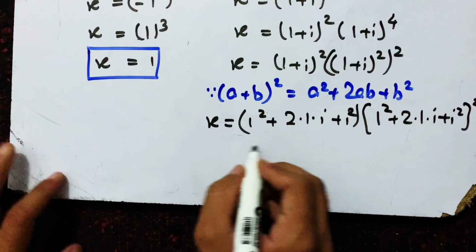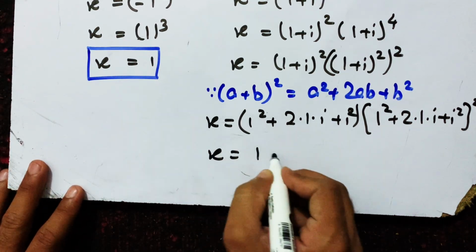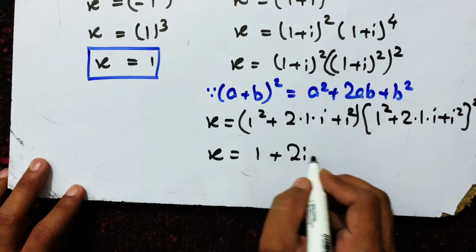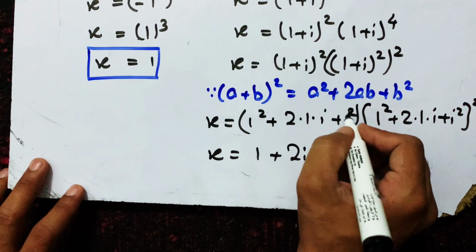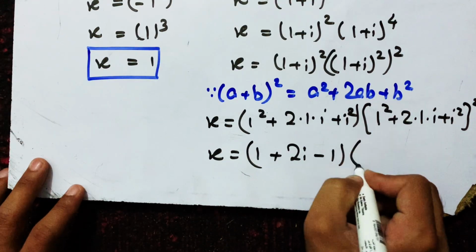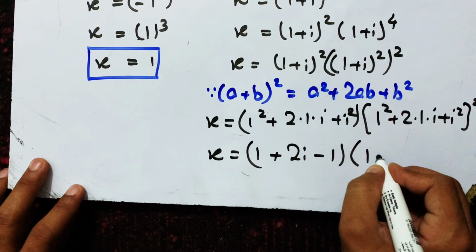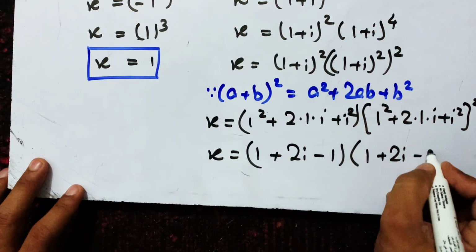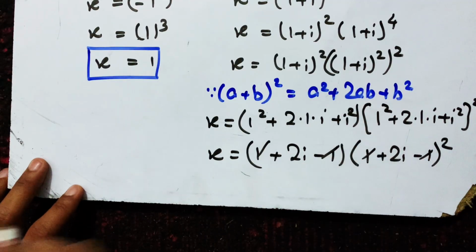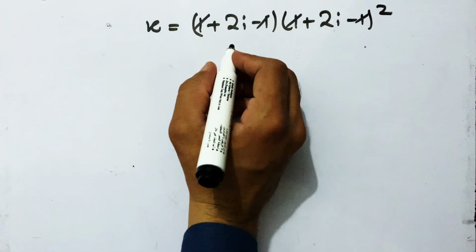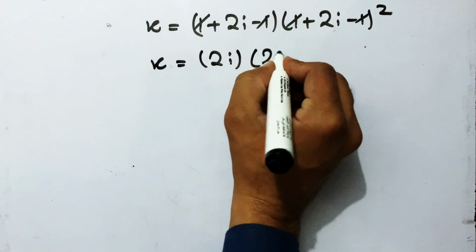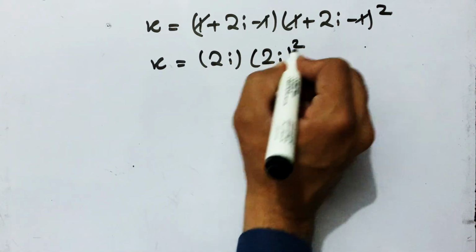So I can say that x is equal to 1 plus 2 iota, where iota square is minus 1. So 1 plus 2 iota plus minus 1, plus minus cancel. So now the plus minus terms are cancelled, and what remains is 2 iota into 2 iota square.